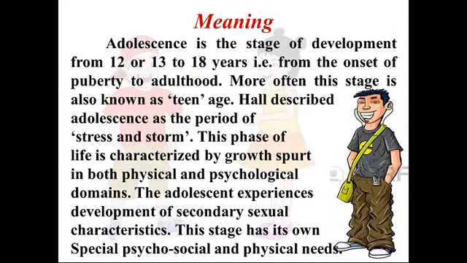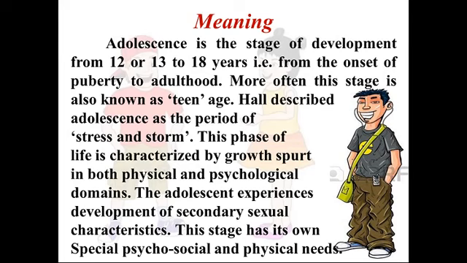Adolescence is the stage of development from 12, 13 or 14 years, depending on the climate and the geographical location where you are staying, to almost 18 years. It runs from the onset of puberty to the threshold of adulthood.